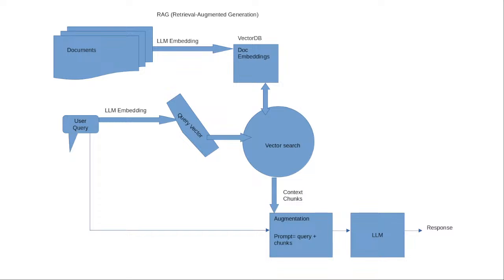But just for the sake of simplicity, I'm saying it's not multidimensional. It's a very lengthy thing. Each word will be converted into a lengthy array. Just for simplicity, I'm just saying 1, 2, 3.